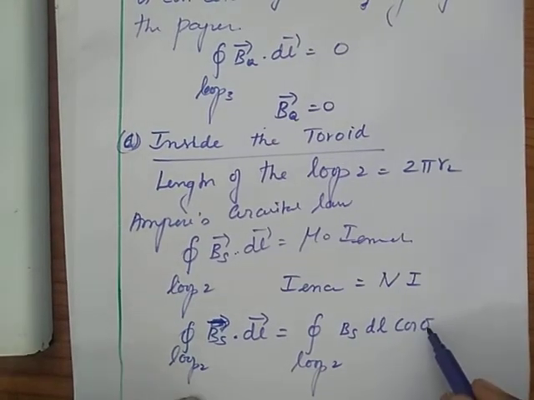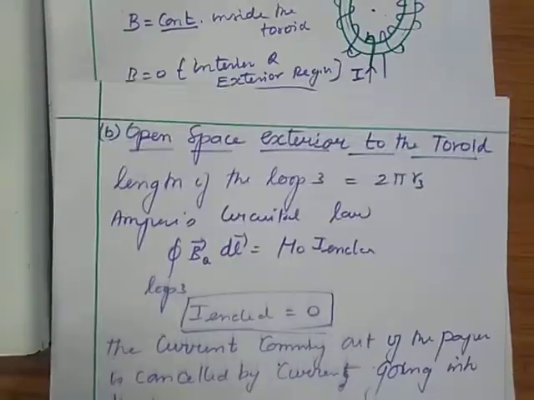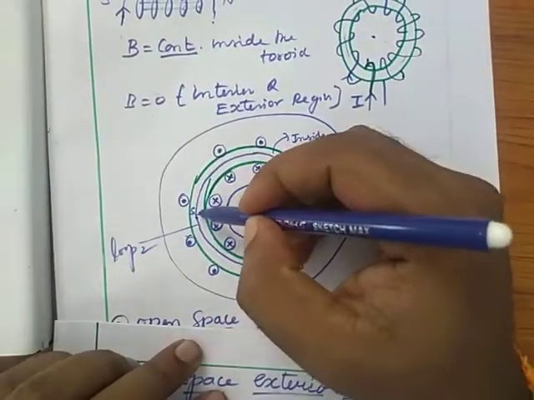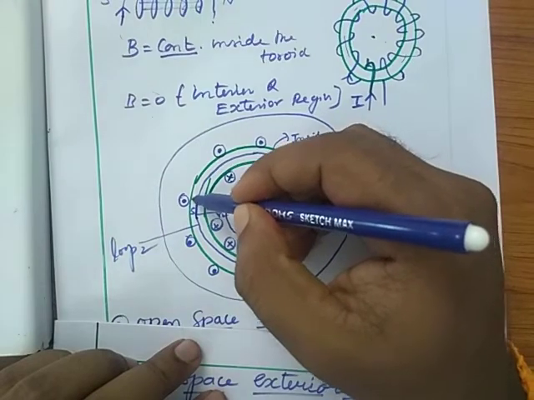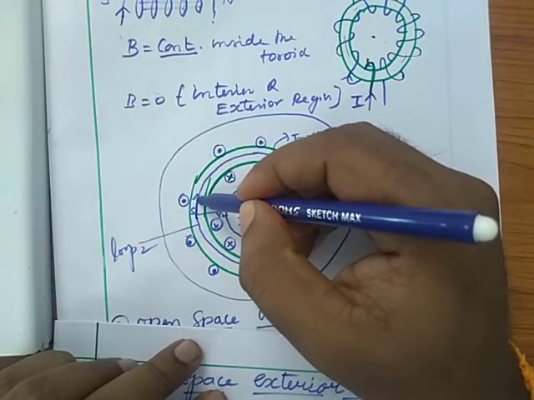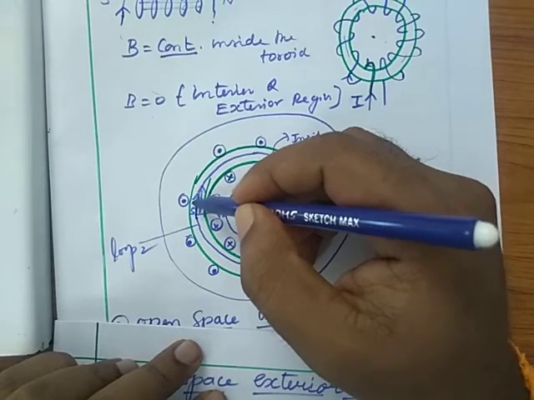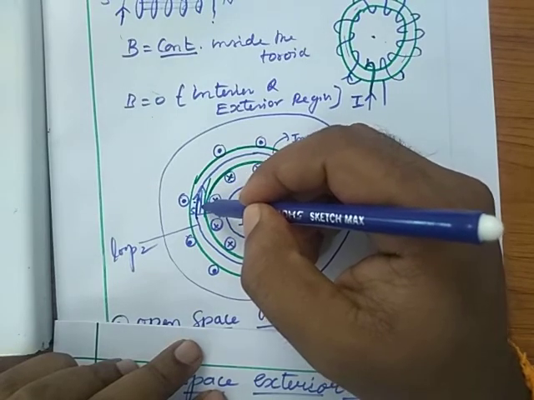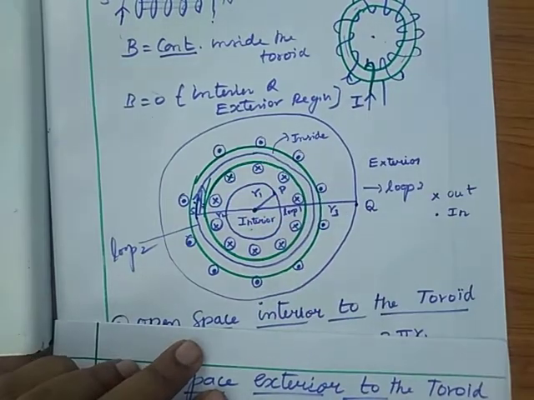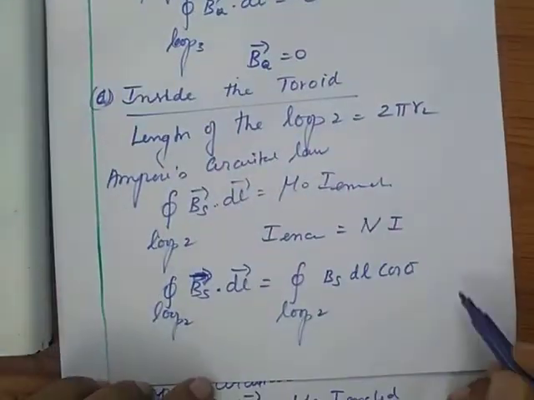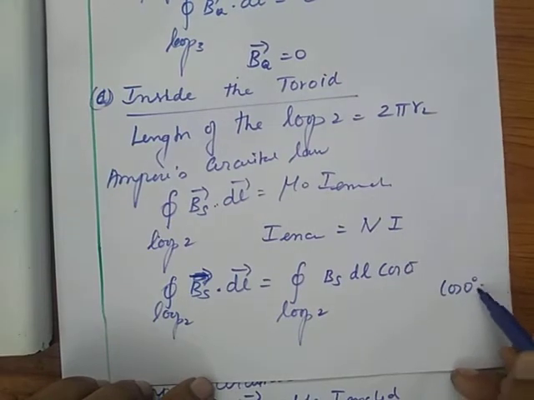Theta is the angle between B vector and dl vector. See, here I consider a length element dl. The magnetic field is also in this direction only. They are parallel to each other, so the angle between dl vector and B vector will be 0. So cos 0 degree becomes 1.